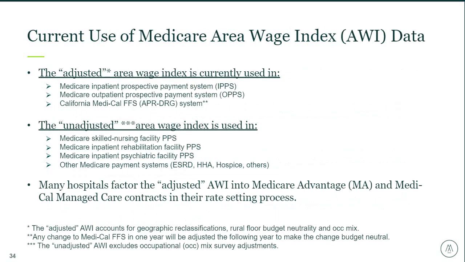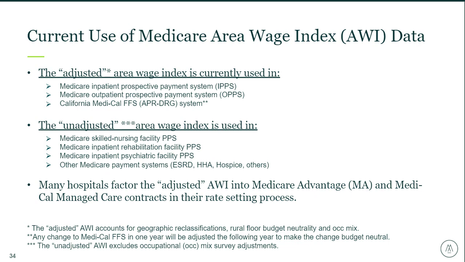Current use of the Medicare area wage index data. The adjusted area wage index is currently used in the IPPS, OPPS, and California Medi-Cal fee-for-service APR DRG systems. The unadjusted area wage index is used in the skilled nursing, rehab, psych, and other Medicare payment systems. Many hospitals factor in the adjusted wage index in the respective Medicare Advantage and Medi-Cal managed care contracts in their rate-setting process.